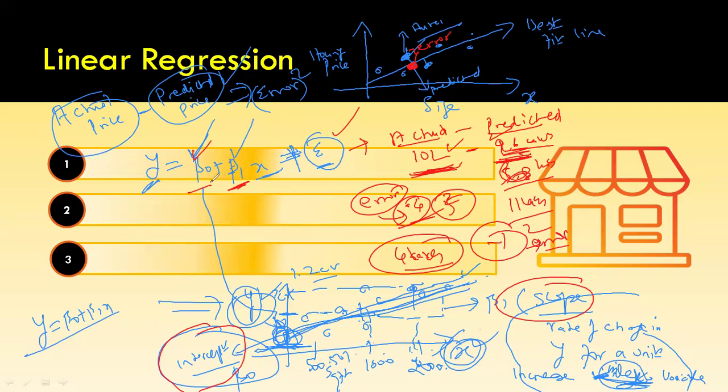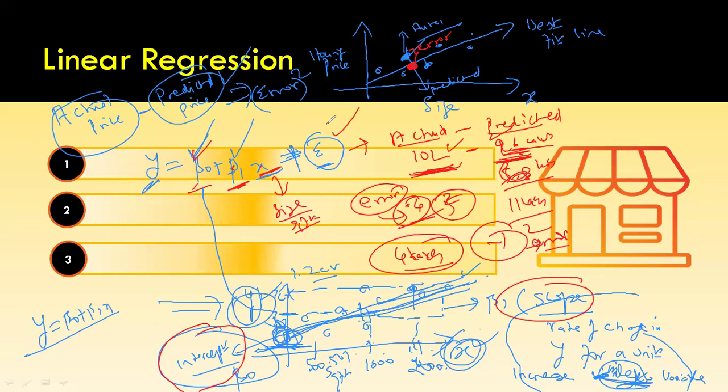Now, these values beta naught and beta 1 will be calculated and given by your statistical software, something like the scikit-learn package. You have something called linear regression model, and it will give you everything. Okay, this is your data set. This is your size of the house in terms of square feet. Now we understood what is beta naught, what is beta 1, and what is x, and what is error.